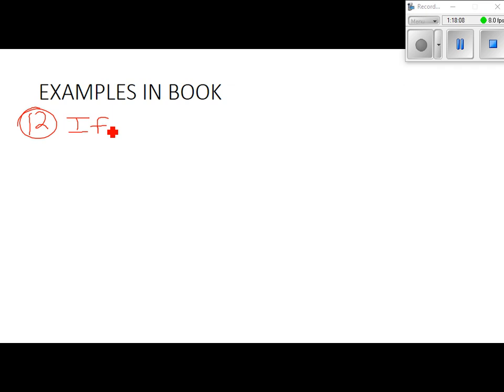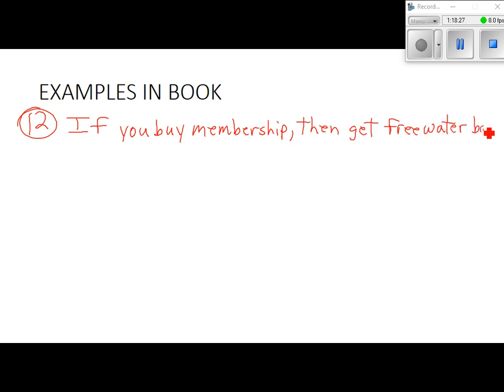If you buy a membership, then you get a free water bottle. What's the hypothesis? Buy a membership. What's the conclusion? Free water bottle.